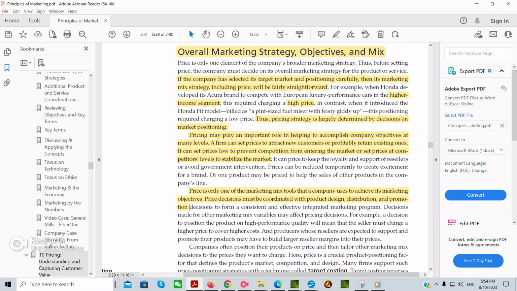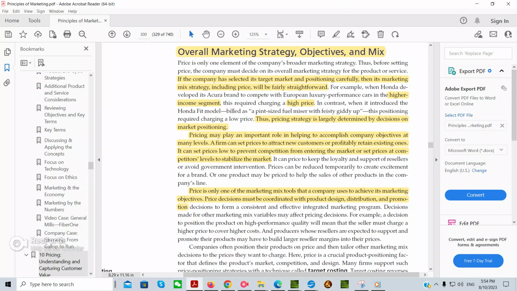How is the product or service designed? What's the format? That's the product design. In terms of distribution, how can you get the product or service out to different customers? That's on the logistical end. Can you do it for cheaper, or what can you offer? The third thing is promotion.